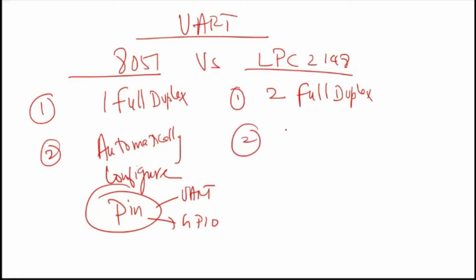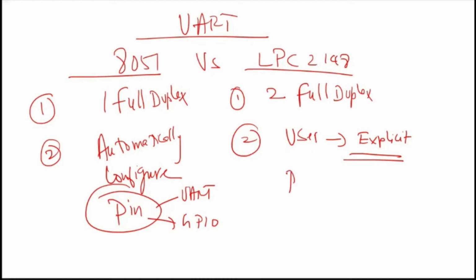Whereas the user has to do it explicitly. The user has to tell the microcontroller explicitly what exact purpose he is using for a particular pin.